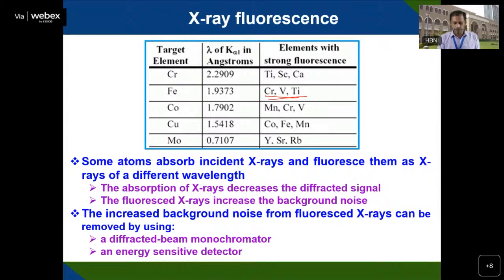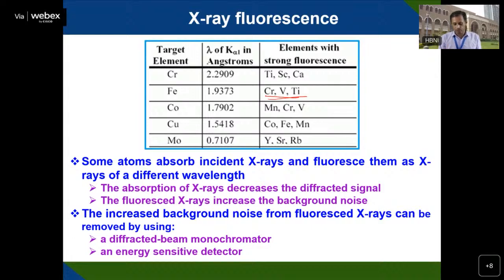Some atoms absorb incident X-rays and re-emit them as fluorescent X-rays. So the copper K alpha X-ray you produce on the iron system is absorbed, and it is emitted as fluorescence. Absorption of X-rays decreases the diffracted signal, so you get lots of background noise.